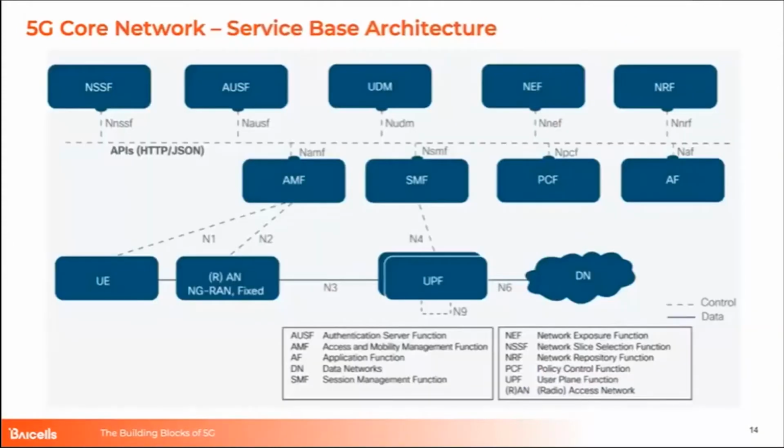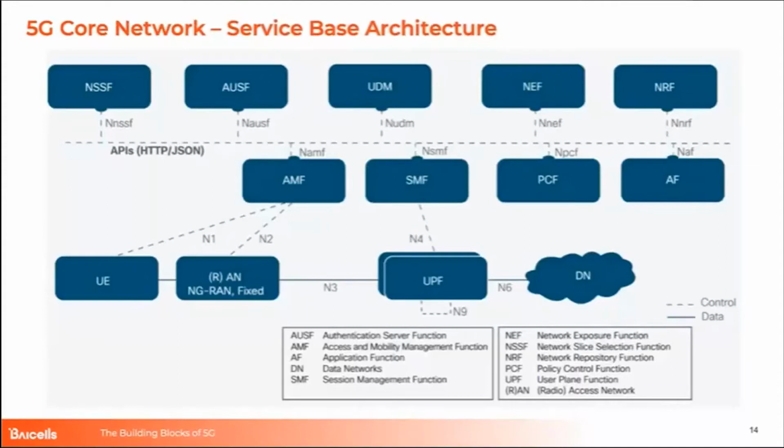This is another look at the core service functions. If you remember, here's the user plane right here. The data flows from the UE to the RAN, which is the base station, all the way to the UPF function, the core functionality, and all the way to the data network on the internet.